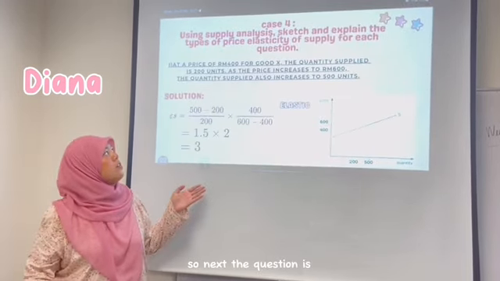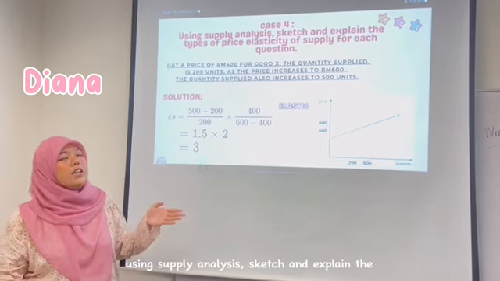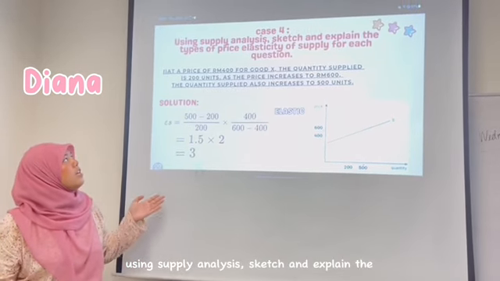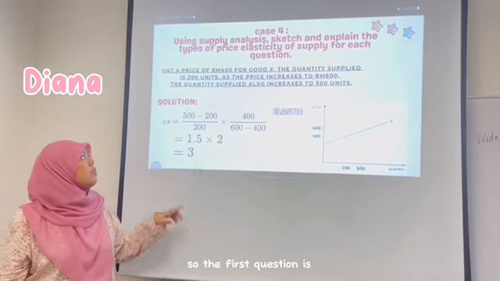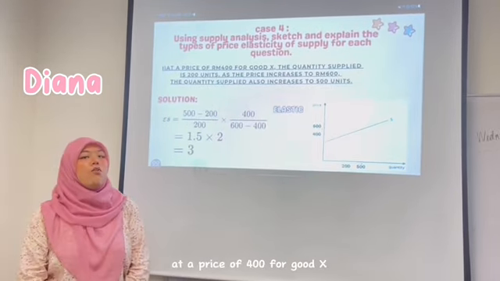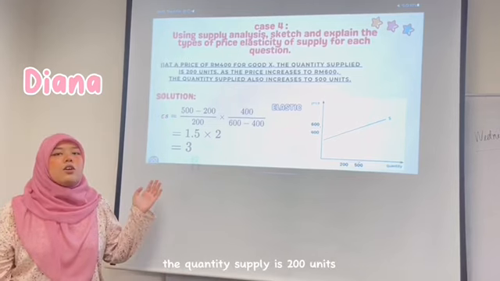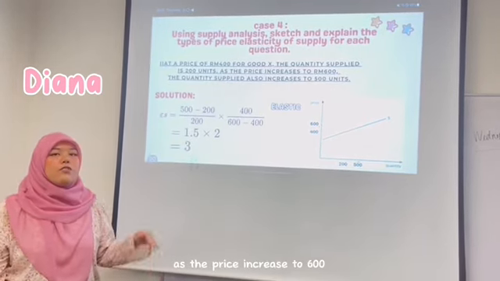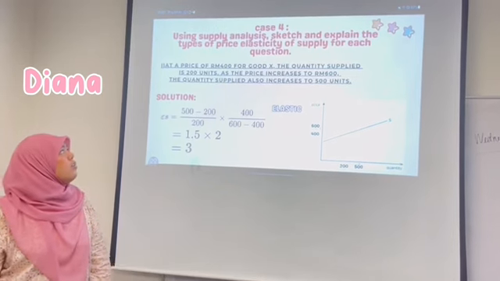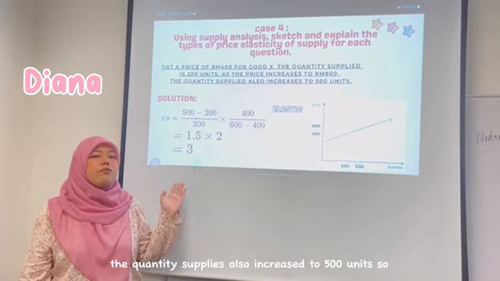So next, the question is, using supply analysis, calculate and explain the types of price elasticity of supply for each question. The first question is at a price of 400 for good X, the quantity supplied is 200 units. As the price increases to 600, the quantity supplied also increases to 500 units.